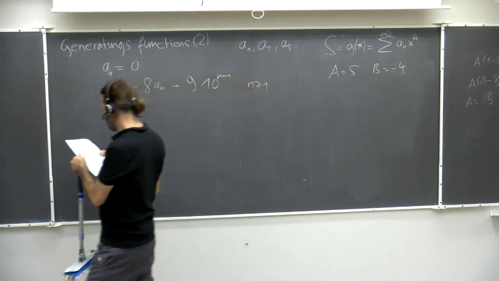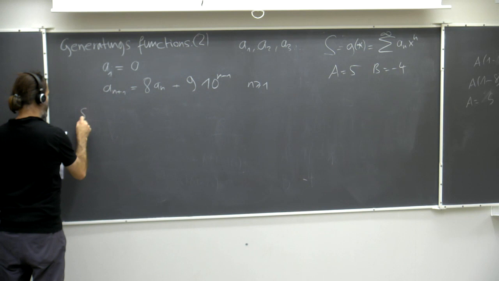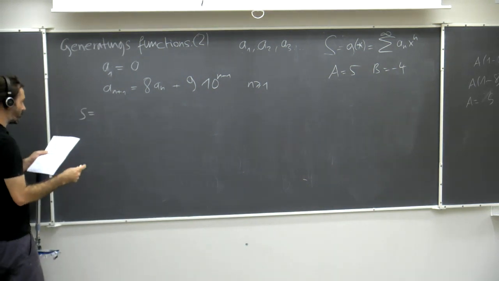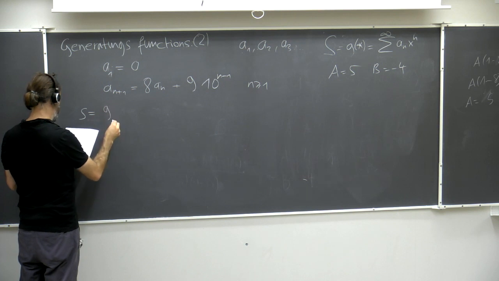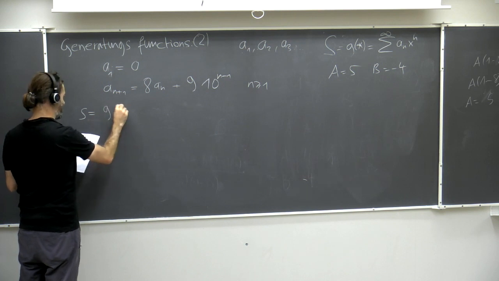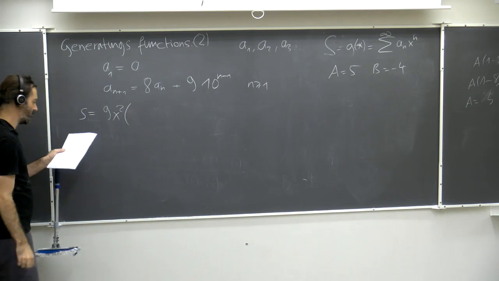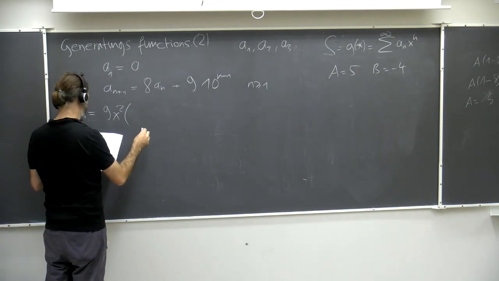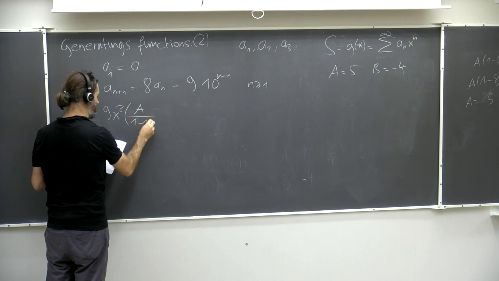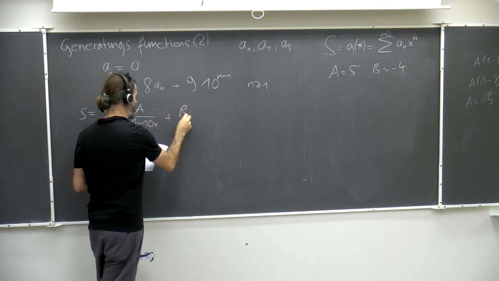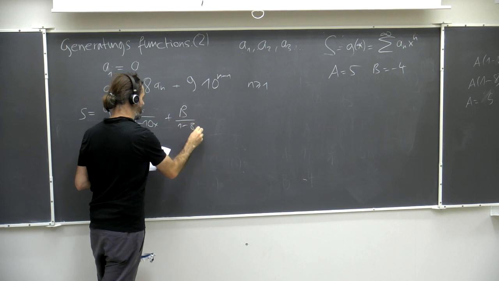The last equation we had for s was s is equal to 9 times x squared. And then we have rewritten the term in the brackets as a over 1 minus 10x plus b over 1 minus 8x.